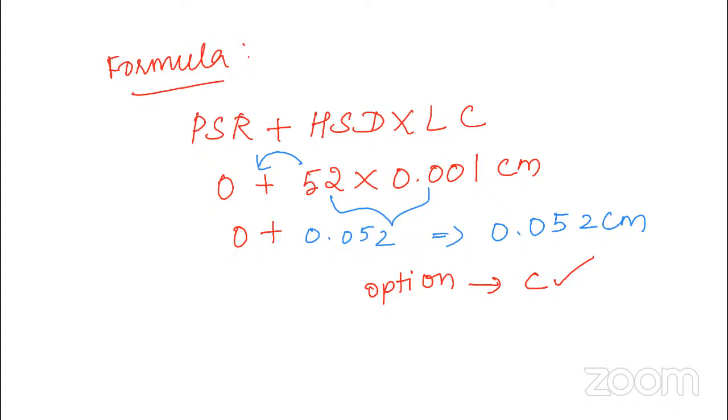Right. Next, we can go for the errors. First one, absolute error. The formula is x bar is equal to x1 plus x2 plus x3 divided by 3.